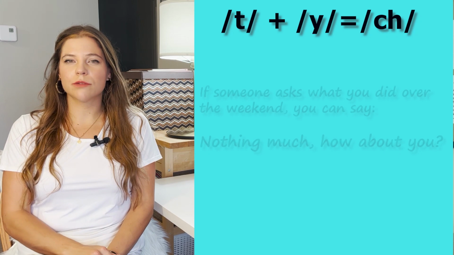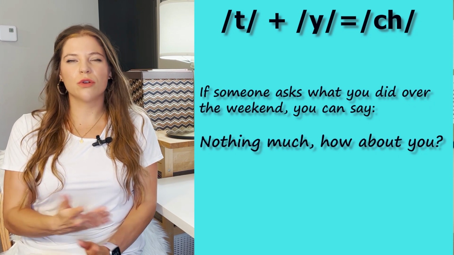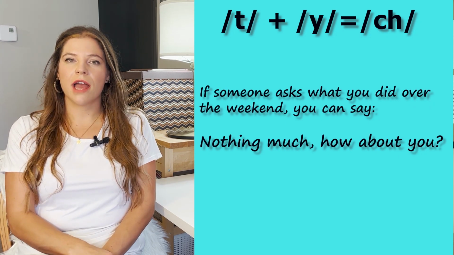Or if someone asks what you did over the weekend, you could say, "Nothing much. How about you?" Another important form of connected speech happens when we have two S sounds, one at the end of the first word and then another S sound at the beginning of the next word.